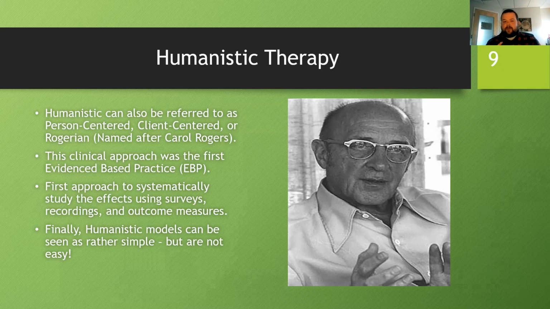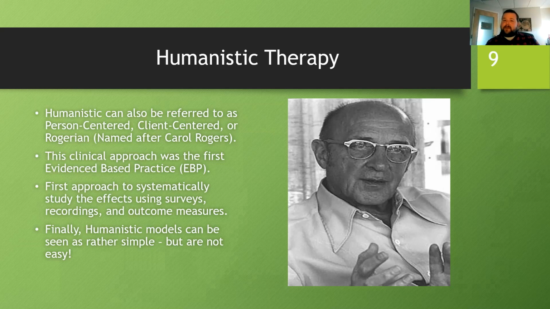So this was the first approach to systematically study the effects of the counseling relationship using surveys, recordings, and outcome measures. There are numerous videos of Carl Rogers engaging in therapy sessions with clients.